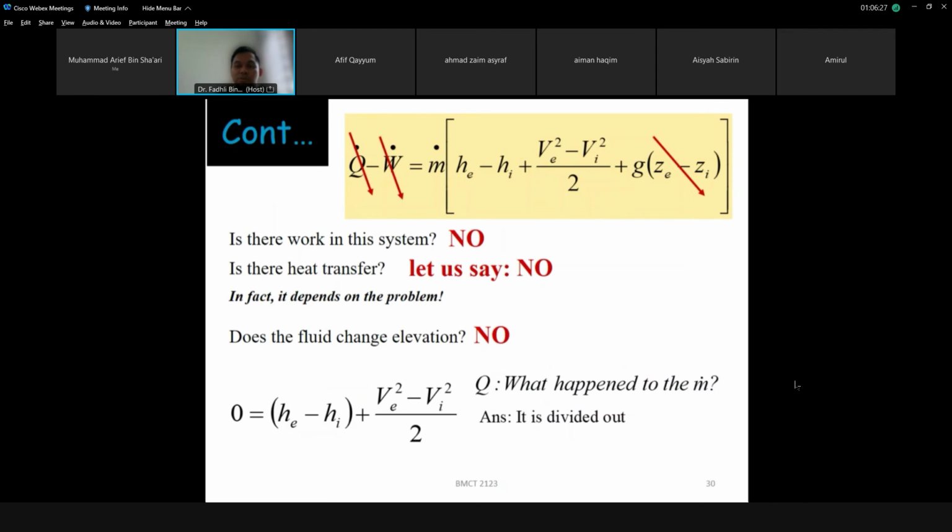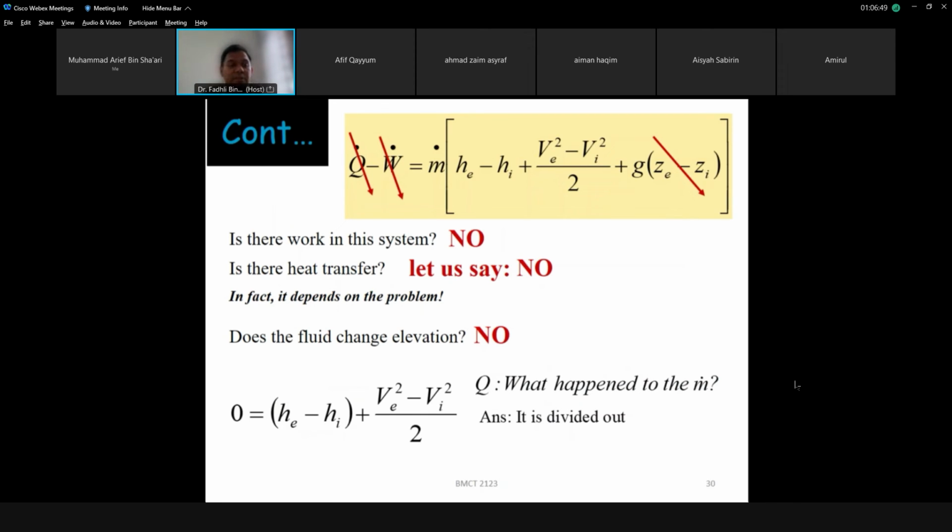For example, untuk nozzle ni, is there work in this system? No. Okay, no work in this system because nozzle is used to increase the velocity. So no, work is not related. So you can cancel W in and W out as well. So both W in and out can be cancelled.